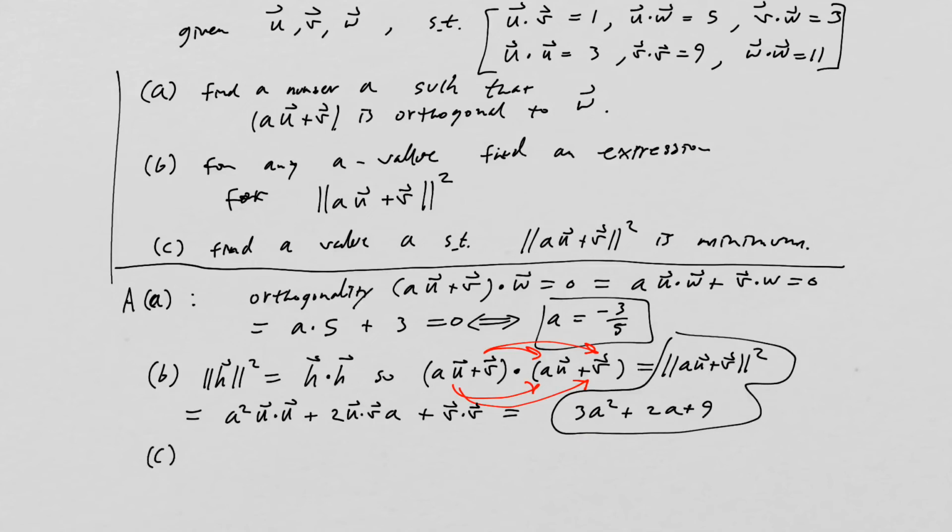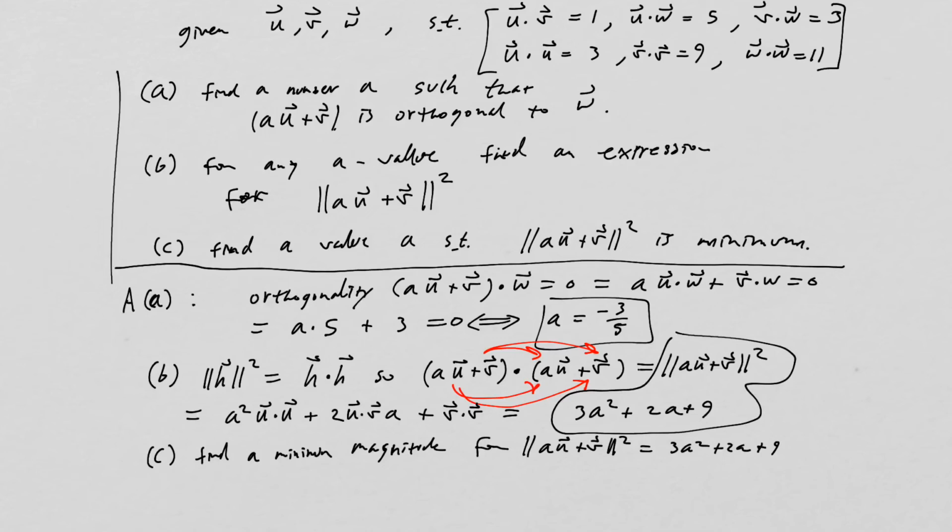And now C is find a minimum magnitude for this problem. All right, so we know it's equal to 3a squared plus 2a plus 9.